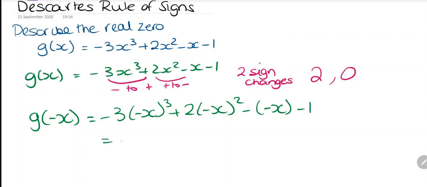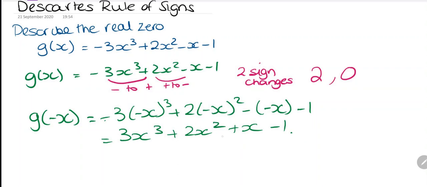Minus x cubed is going to be a minus, multiplied by a minus, so that becomes a positive. Minus x squared becomes positive. Minus x is positive, so that's plus x, and that's minus 1. So that means that we have 0 sign changes.